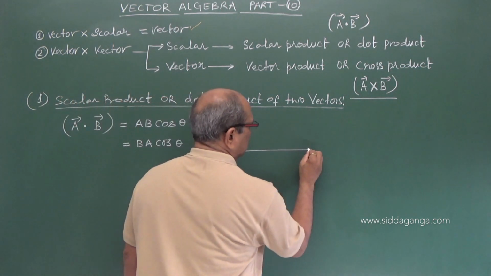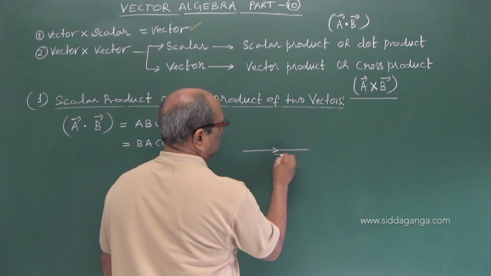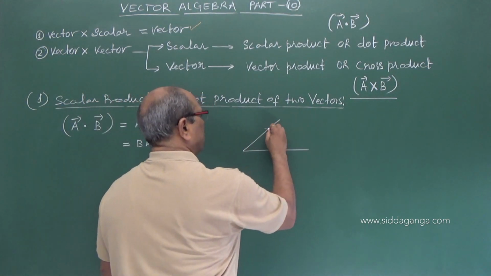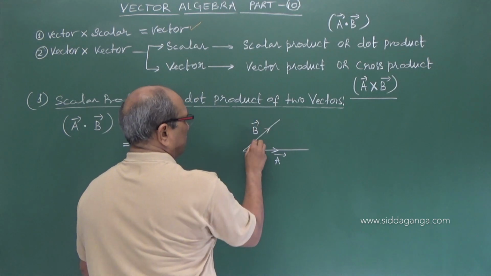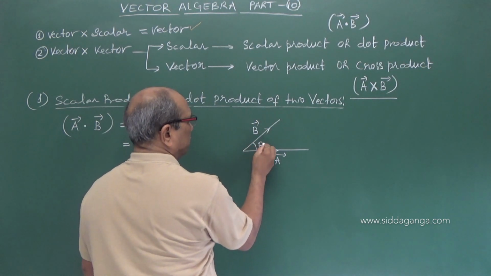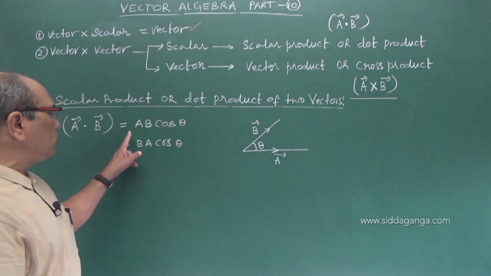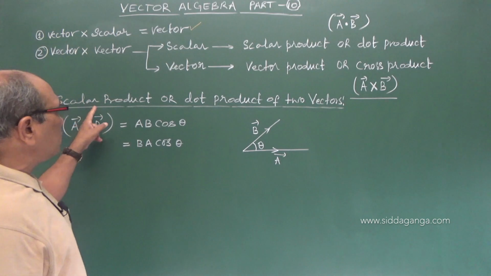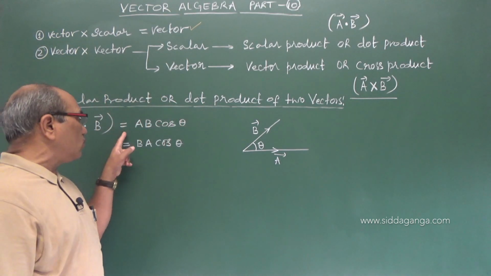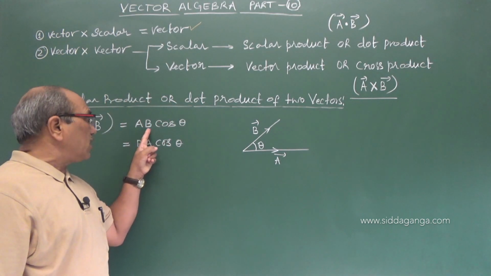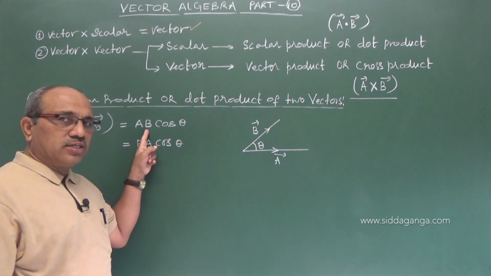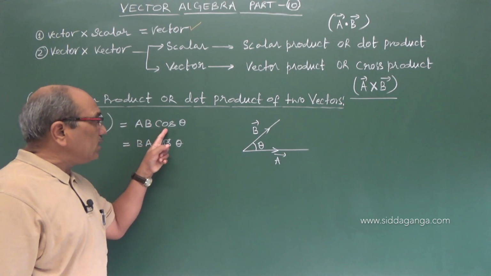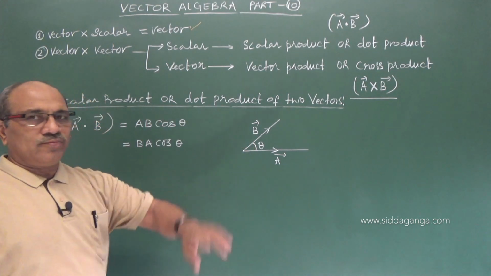For example, let us consider vector A multiplying with vector B, and in between the angle is theta. Then the product of these two is given by this equation. The statement is: the dot product of two vectors is numerically equal to the product of the magnitudes of the two vectors and the cosine of the angle between the two.